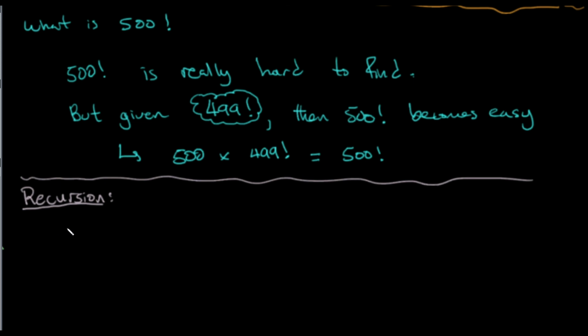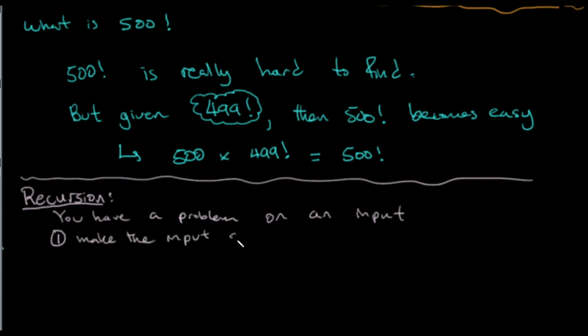So what recursion says is that let's say you start off, so you have a problem on an input, right? We have some problem that we want to solve on a given input. So our first step would be to make the input smaller.